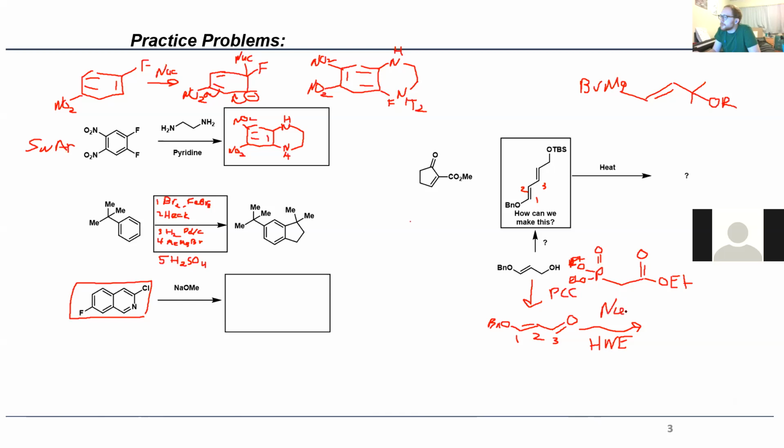And so you react the phosphonate ester with sodium hydride in the presence of our aldehyde. We get the corresponding olefination product as a trans-configured alkene.